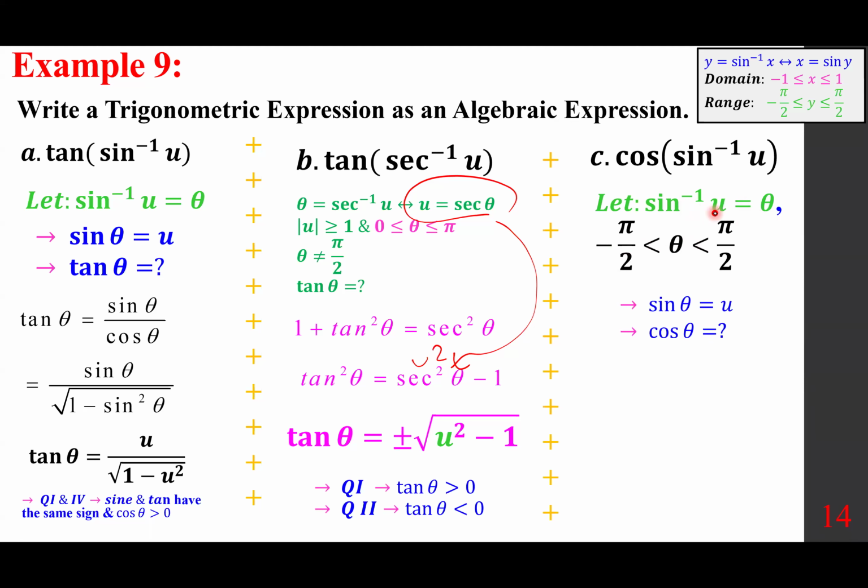And so if sine of theta is u, find cosine, and we know the Pythagorean identity, sine squared plus cosine squared is 1. So cosine squared is 1 minus sine squared. Cosine is the square root of 1 minus sine squared, or the square root of 1 minus u squared. And we know in those two quadrants, cosine is positive.